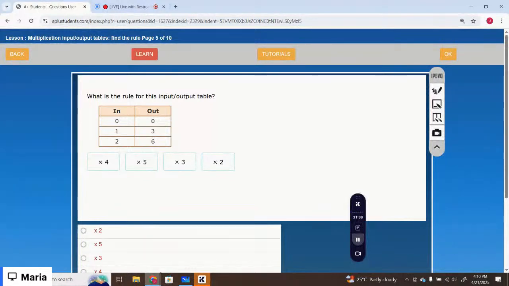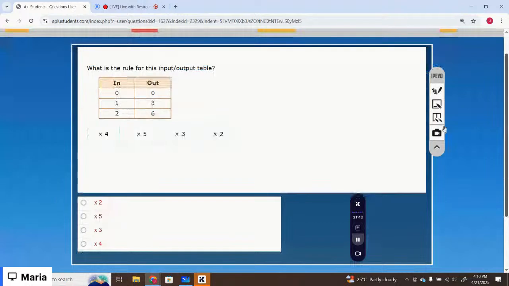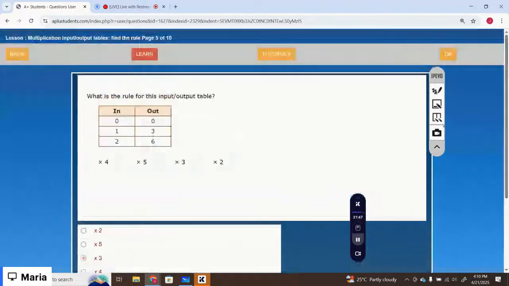Option number 3 is the correct option. The rule is you have to multiply each input value by 3 to get the output value.